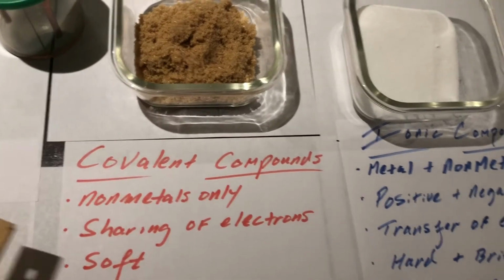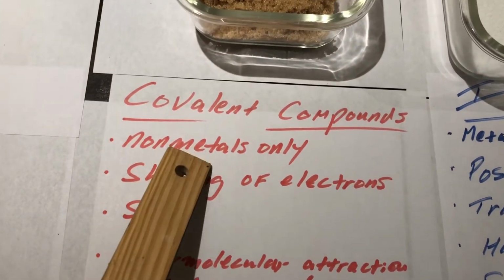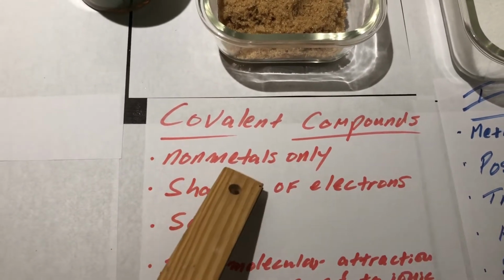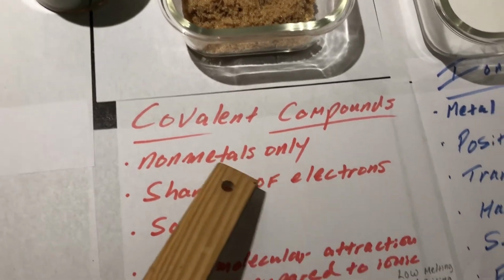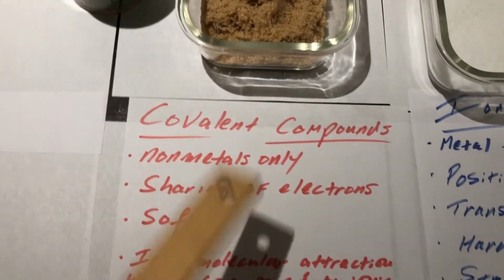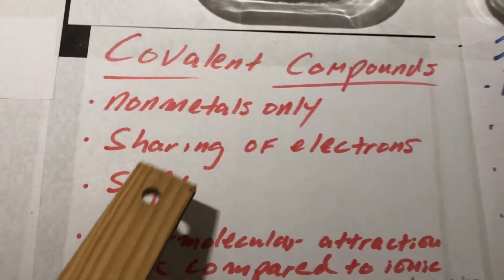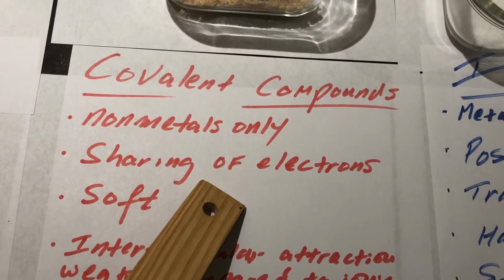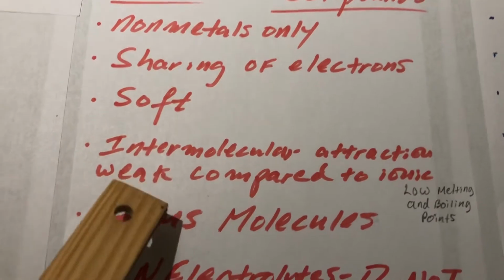Now, the thing about covalent compounds is they're made up primarily of non-metals. You'll never find a metal, for our purposes, in a covalent compound. On some occasions you might see semi-metals with non-metals, but primarily you recognize a covalent compound by having non-metals only. Covalent compounds tend to share electrons, and they tend to be soft compared to ionic compounds.